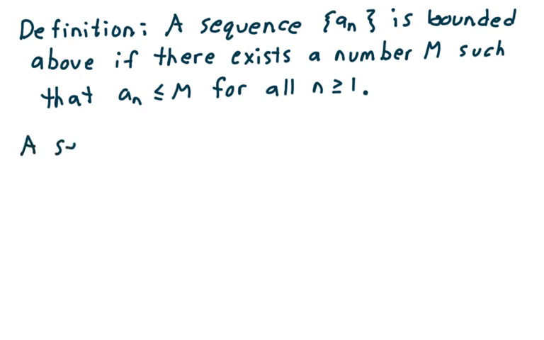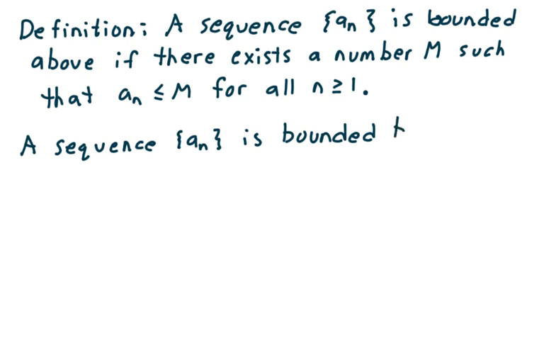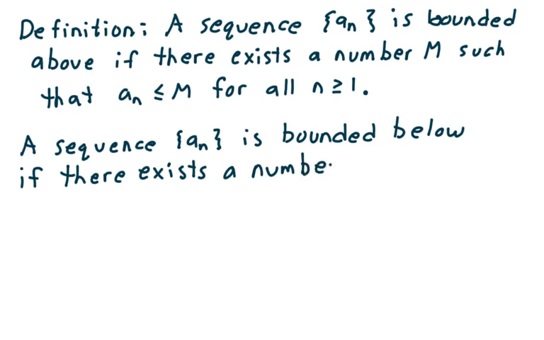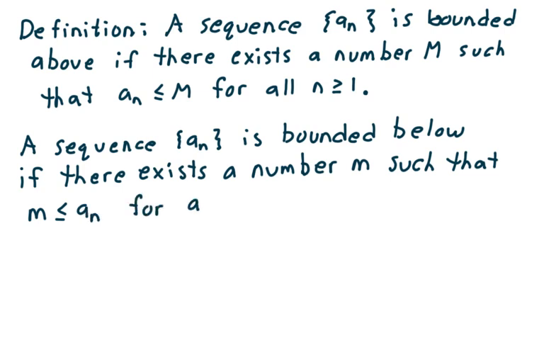A sequence a sub n is bounded below if there exists a number that we'll call small m such that little m is less than or equal to a sub n for all n greater than or equal to 1.